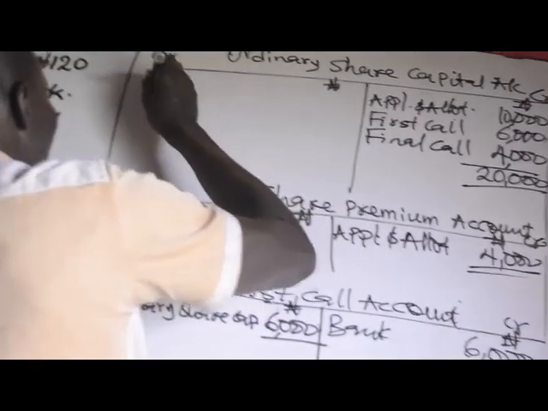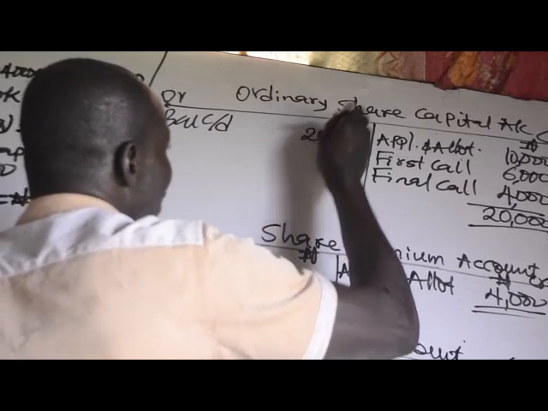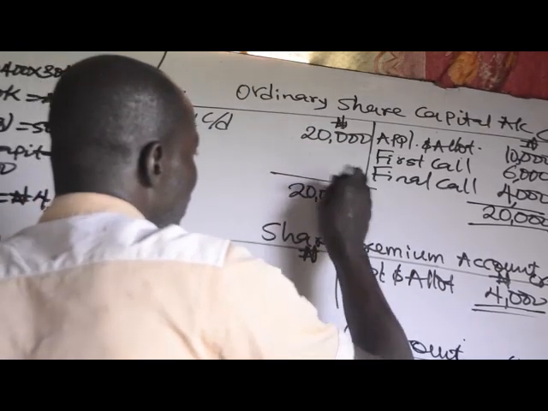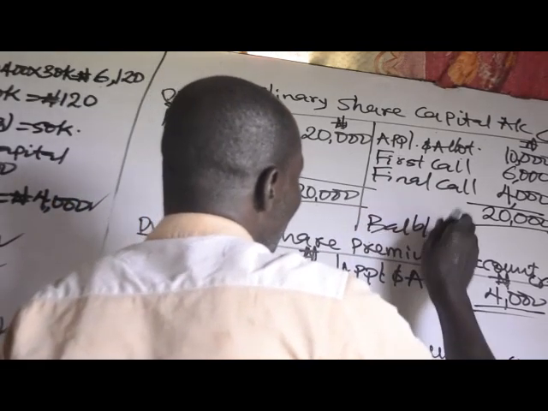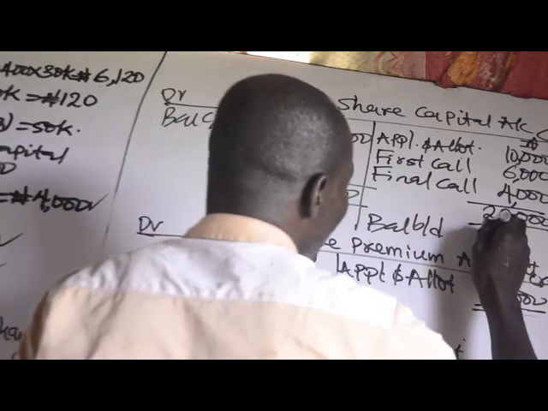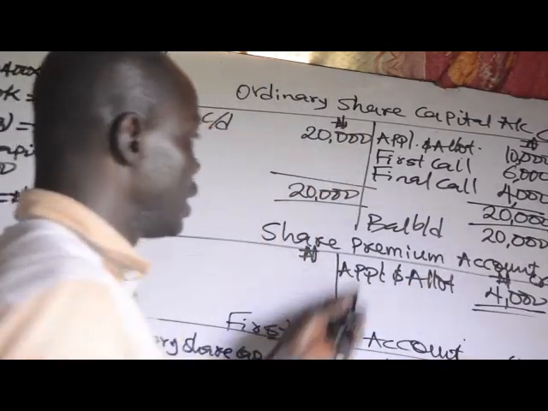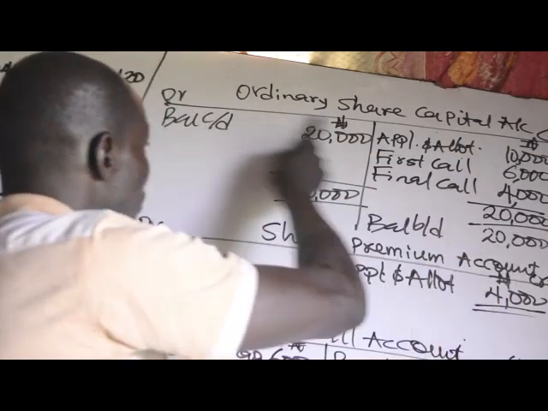So balance carried down is 20,000. What you have as carried down here, you bring down to the next period. So you have balance brought down of 20,000. That is the ordinary share capital account.